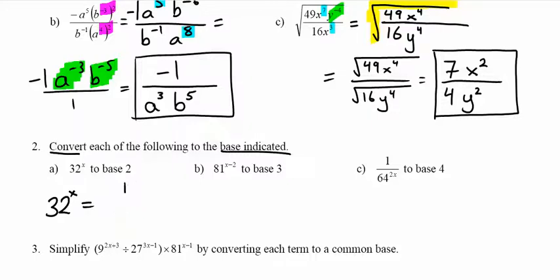So let's take that 32 and write 32 as 2 to the power of something. So you can use your exponent grid to find out what 32 is as a power of 2. And it's 2 to the power of 5. 2 times 2 times 2 times 2 times 2 is 32.